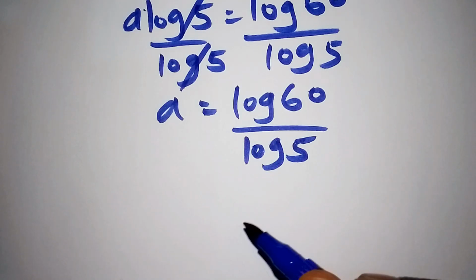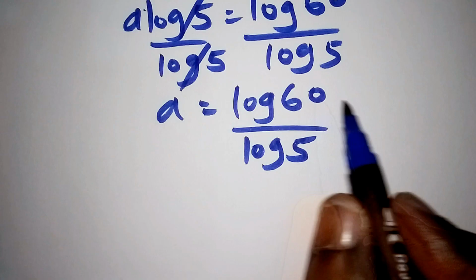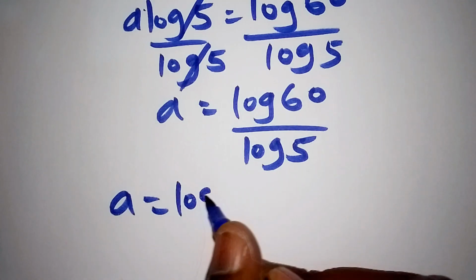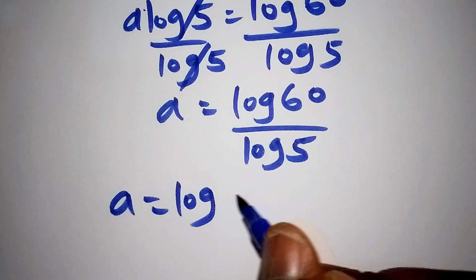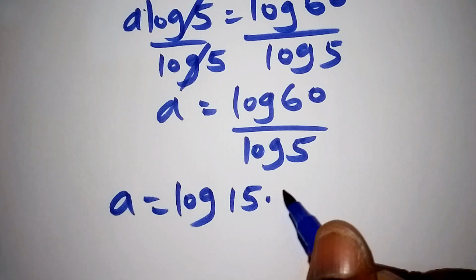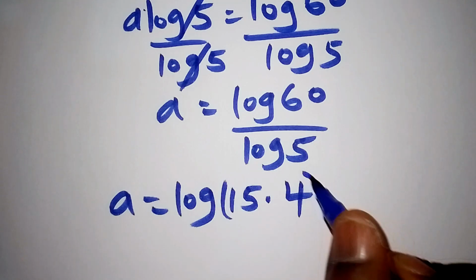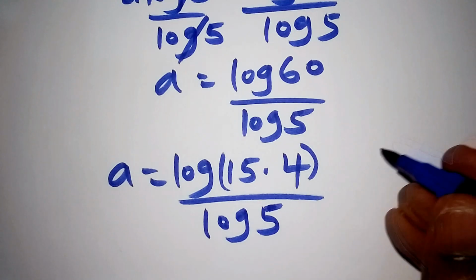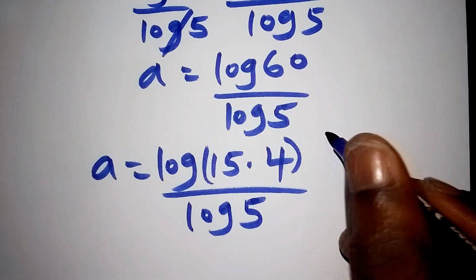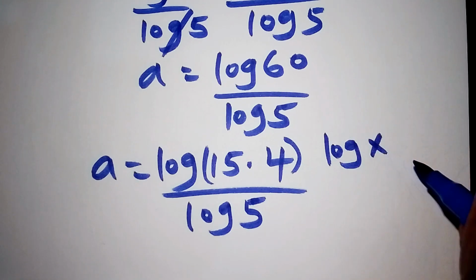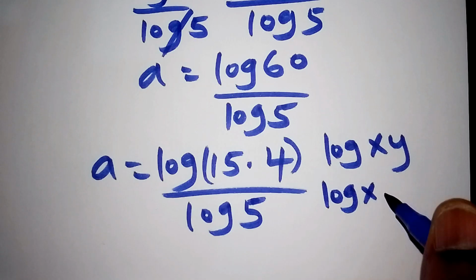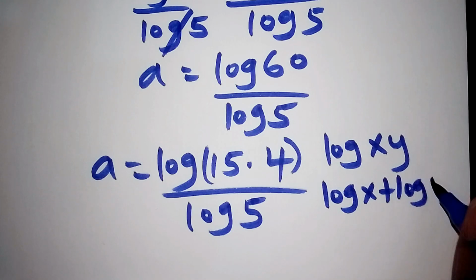Let's now proceed, as we can factorize this number. So our value for a is equal to the log of 60, which can also be written as the log of 15 multiplied by 4, in brackets, all over the log of 5. From here, when you have the log of x times y, this can also be written as the log of x plus the log of y.